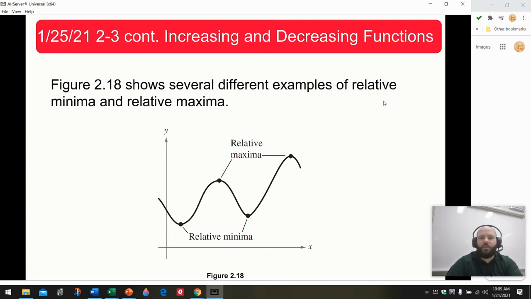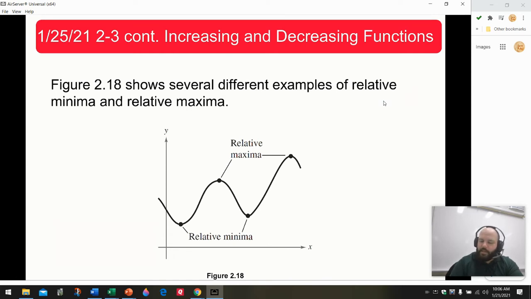And the first thing that we're going to discuss is what a relative minima or a relative maxima is on a function. And it's a pretty simple concept, really, that it indicates a point where the surrounding points are less than or greater than, depending on whether you're talking about a minimum or a maximum.